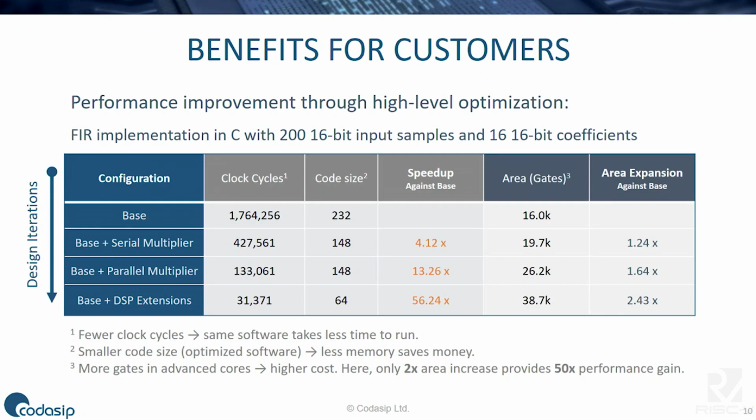The code size is lower as well, because the newly added instructions were nicely designed in a way that we reduced the code size again. And if you look at the speed up we had, it's more than 56x, which is huge compared to the baseline. The size, well, yeah, we have added new instructions, so the size is bigger.